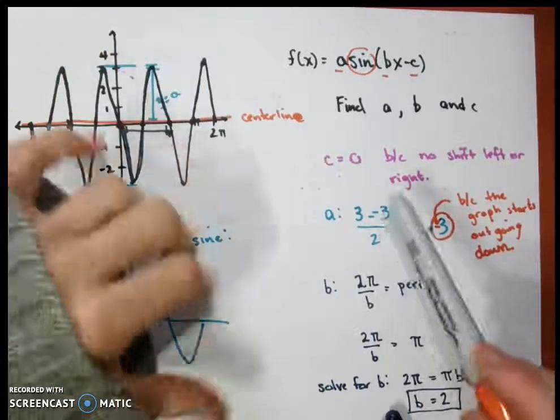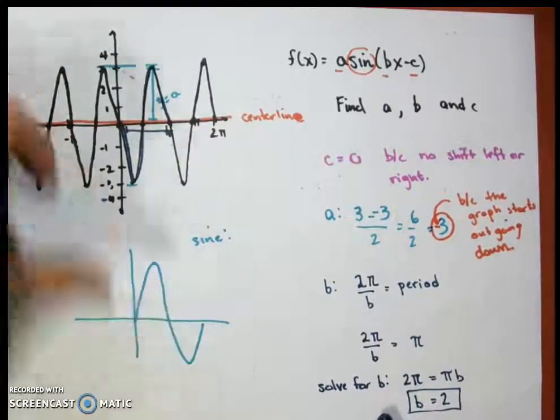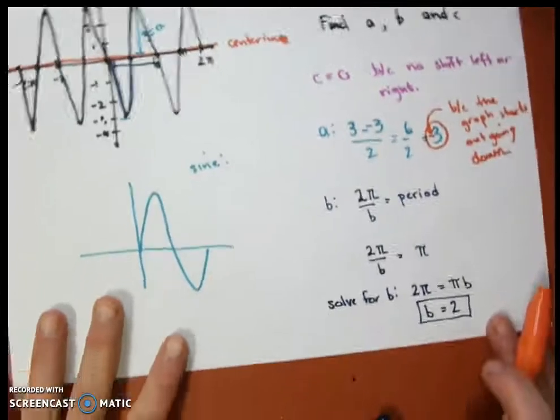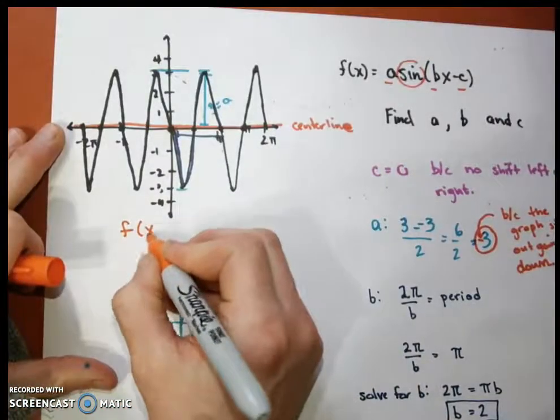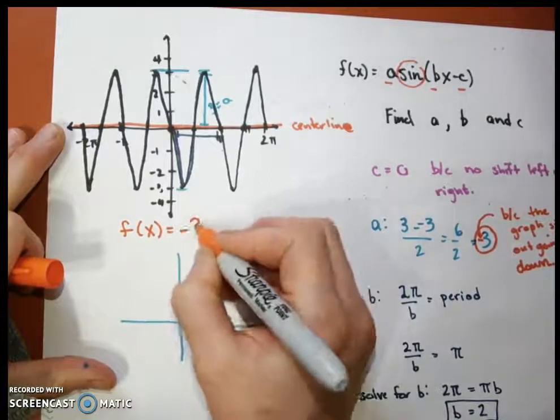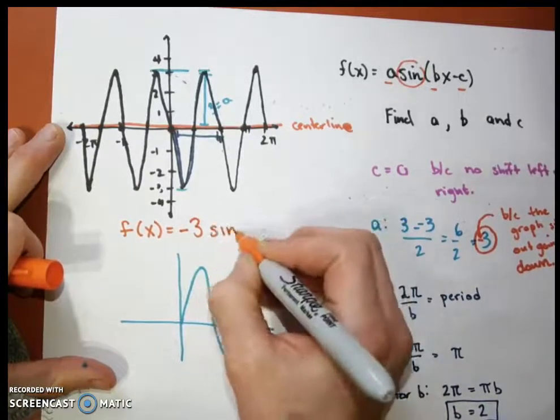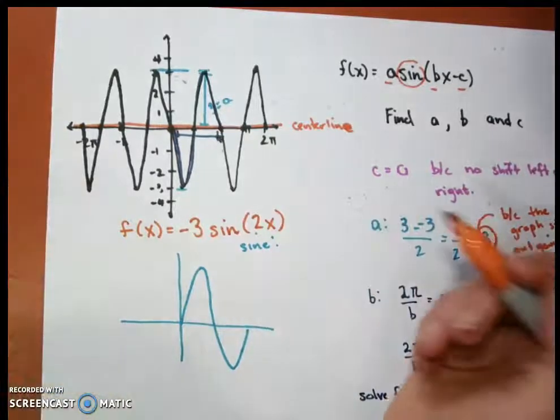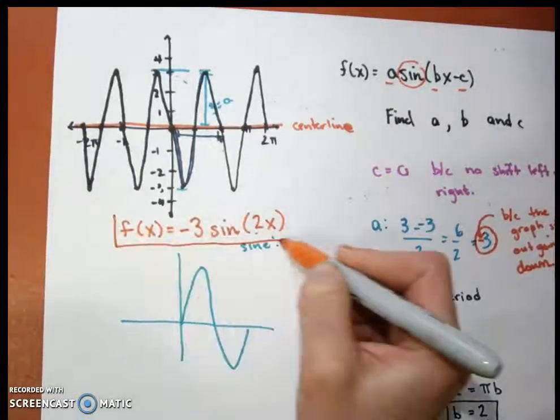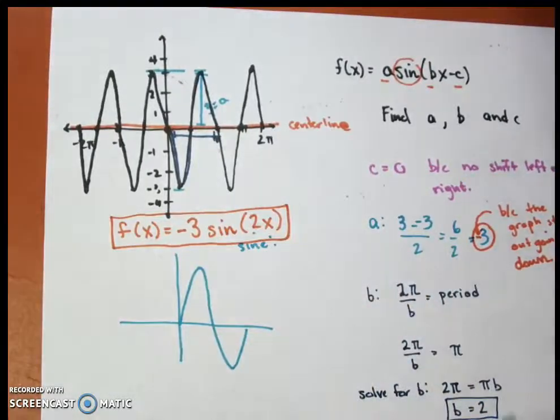In this case, there weren't any, so both c and d were 0. So our final equation for this graph is f of x equals minus 3 sine 2x minus 0 plus 0. So just minus 3 sine 2x.